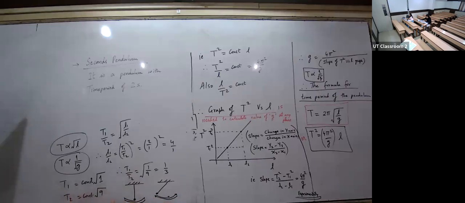So 4 parts of the period have to be accommodated. So this is how much? 0.2 four times. So for a second pendulum, 1 second, right? Because it is half.